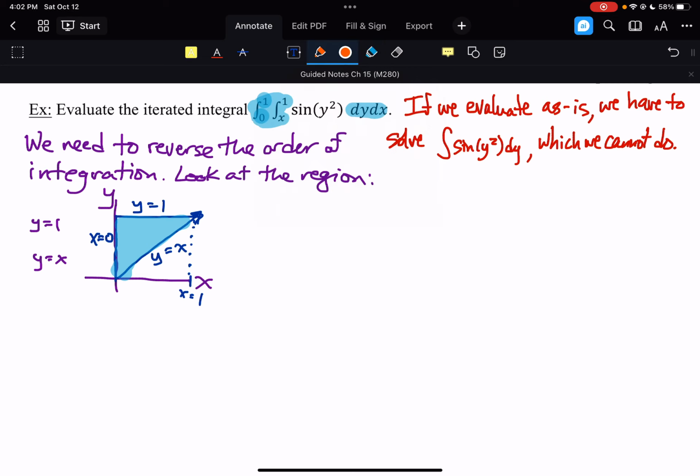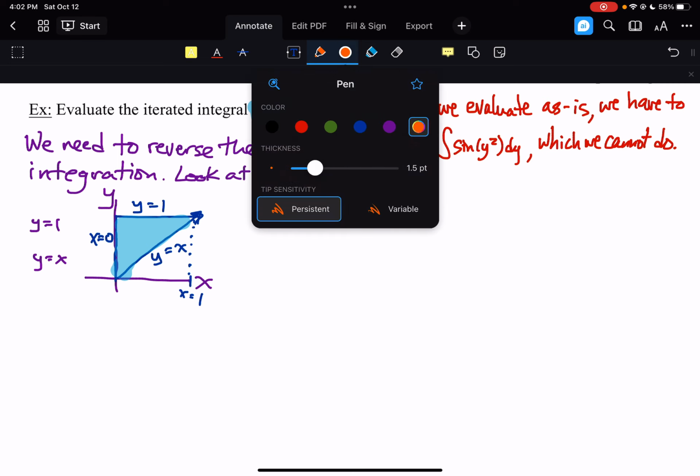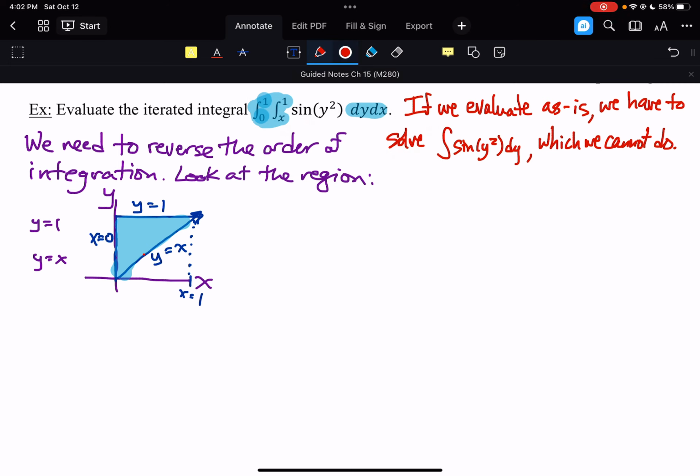And the way that this integral is currently set up is vertically. And the region itself is perfectly set up for this. There's no reason from the region standpoint that this can't be done vertically. The problem is the integrand, the function we're integrating, that is making this not work for us.